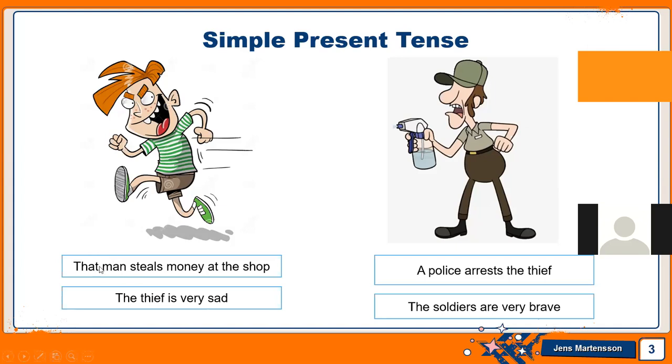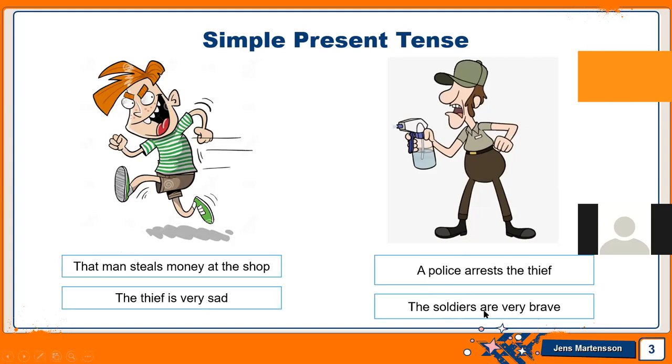If the subject is singular, it should be does, and if it is plural, it should be do. This one also, a police arrests the thief. The police does not arrest, then the S is dropped. The police does not arrest the thief. The soldiers are very brave. This one is a nominal sentence. The soldiers are not very brave.